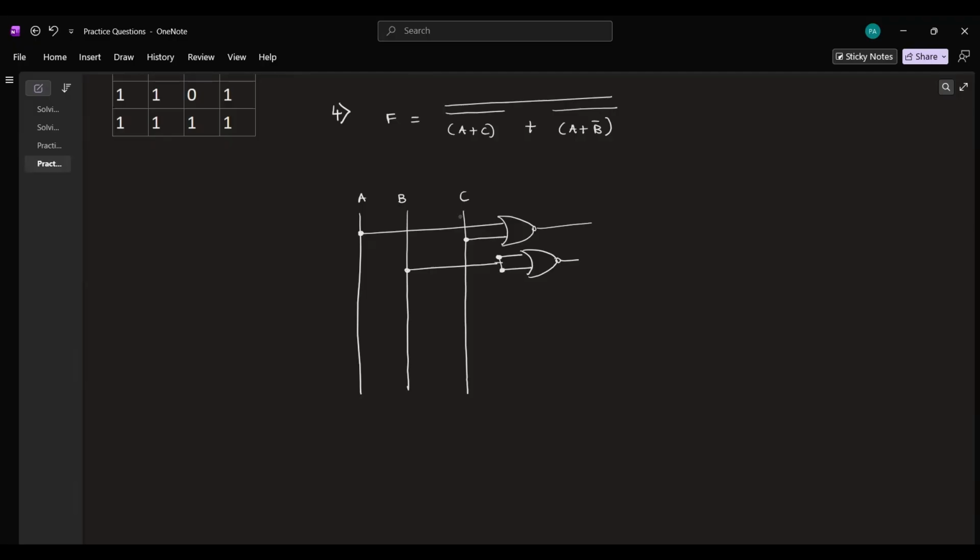I mean filled circles. And then we have A here again. So let's send A also. Now we have to send these 2 through a NOR gate again. And then these 2 through another NOR gate. That's it.